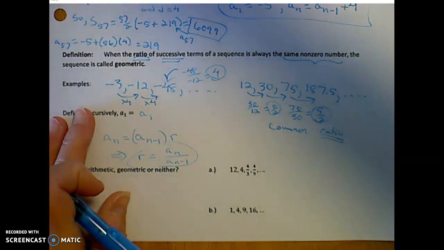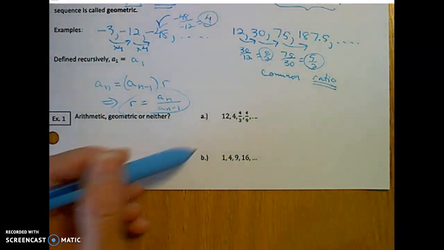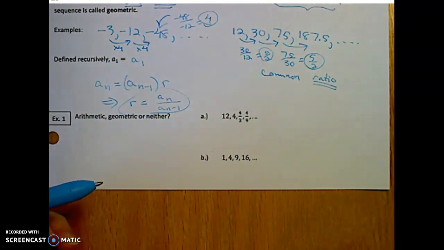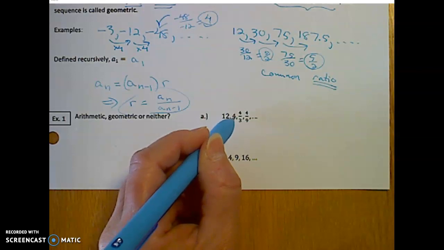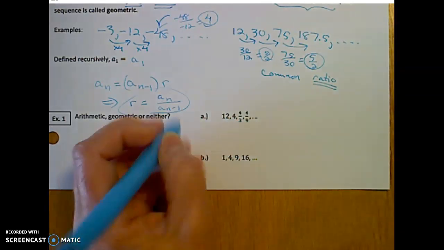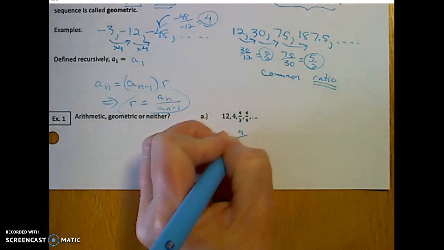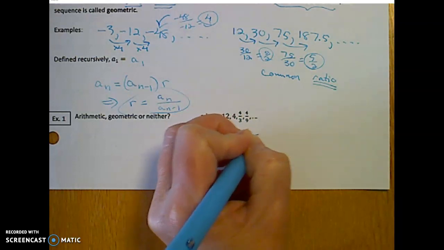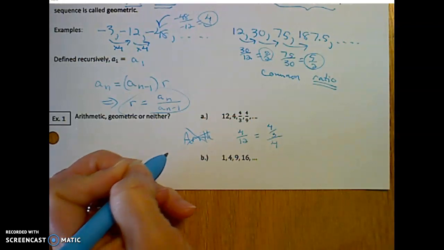Can you take a moment and decide if these two sequences are arithmetic sequences, geometric sequences, or neither one? Take a minute to decide. Okay, thanks for looking. This first one is clearly not arithmetic. If I subtract 4 minus 12, that's not the same as 4/3 minus 4, so it's certainly not arithmetic. And then I move on to geometric. Is 4 divided by 12 the same as 4/3 divided by 4 for a common ratio?